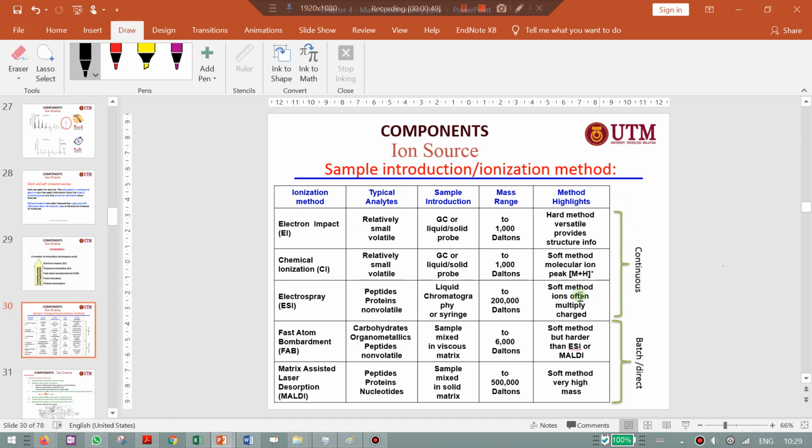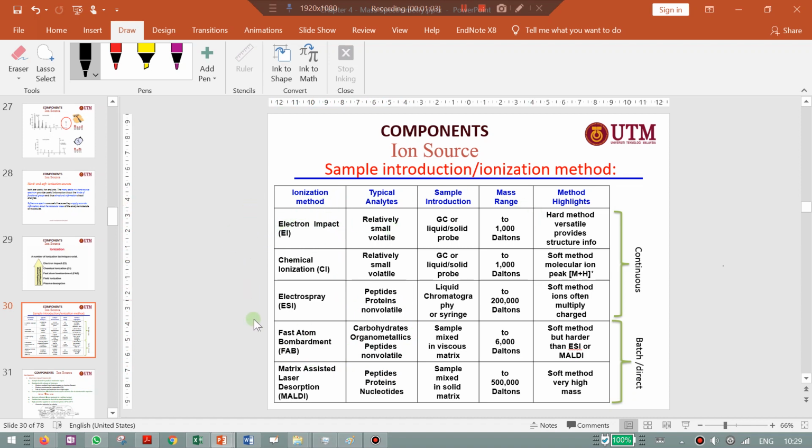For fast atom bombardment and matrix-assisted laser desorption, they are suitably combined with batch and direct sample introduction techniques.